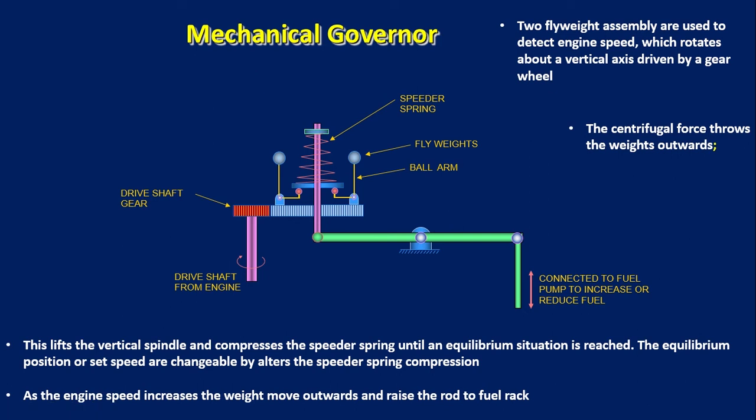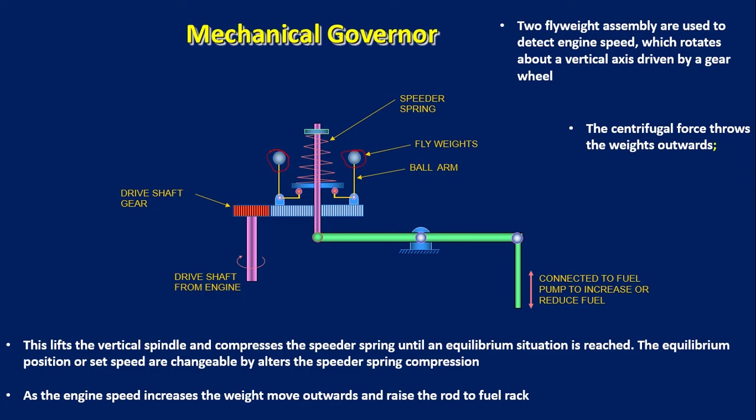In the mechanical governor we can see there are two flyweights. These two flyweights are normally used to control this mechanical governor. They detect the engine speed. This rotates in vertical direction.